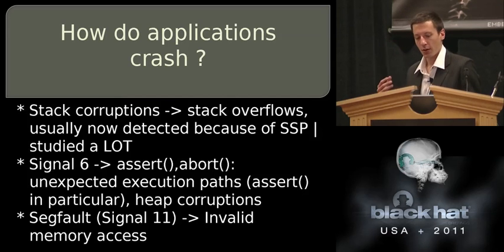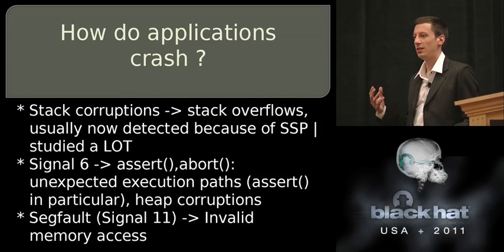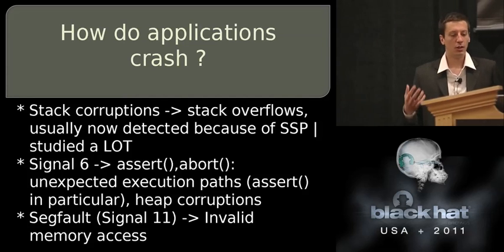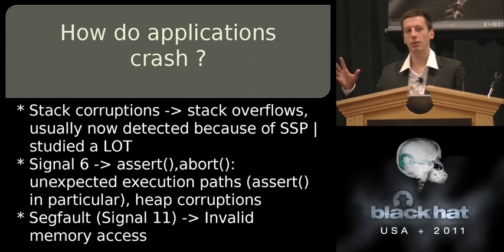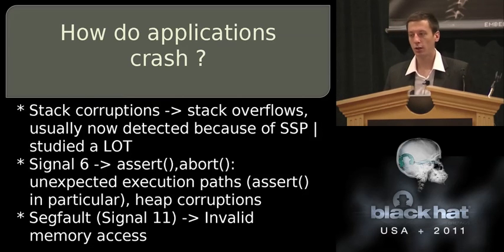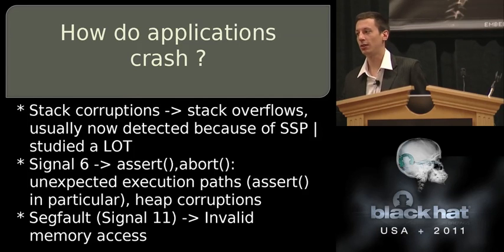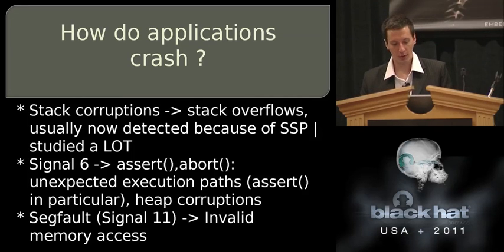And the third case is getting a signal 11, which means segmentation fault. A segmentation fault is when you're trying to access a particular section or memory address in a way you're not supposed to. Like you're trying to execute memory which is not executable, or write to memory which is not writable.